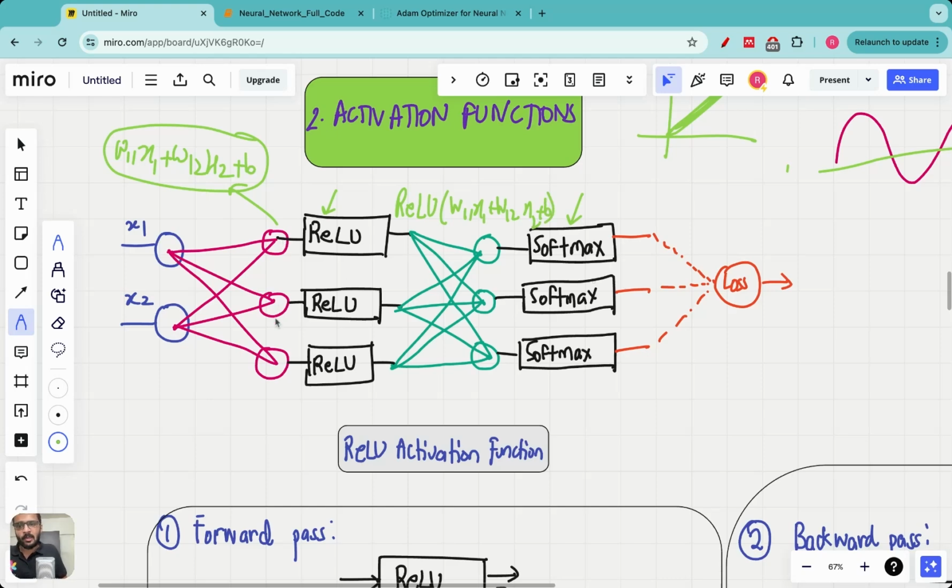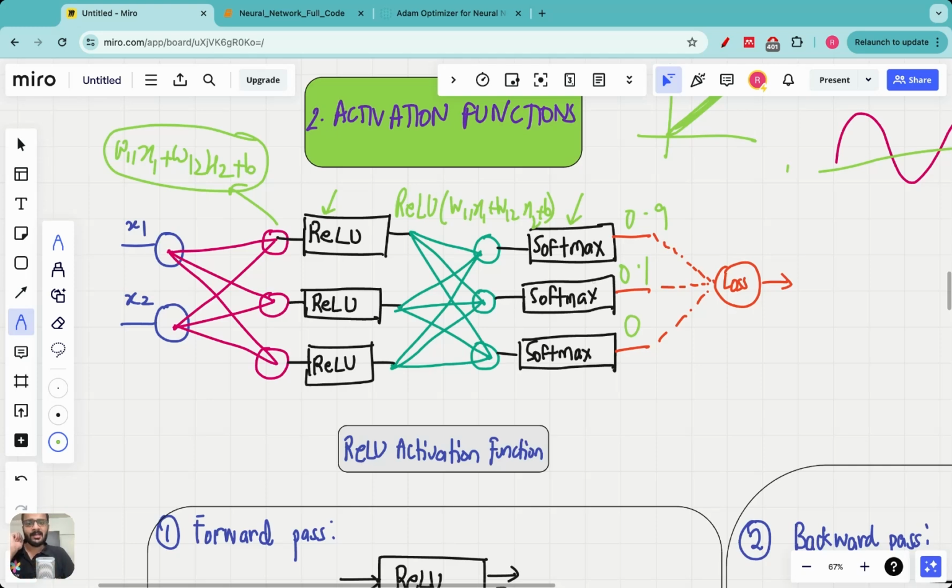So outputs from all the neurons of the first layer go through the ReLU, which then serve as the inputs to the second layer. Similarly, outputs of all the neurons in the second layer go through the softmax activation function. And then that leads to the 0.9, 0.1, and 0 predictions which we mentioned about earlier in this video. So after every layer, activation functions are generally used.